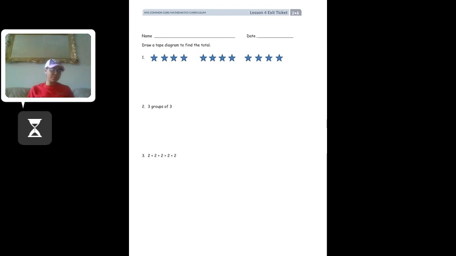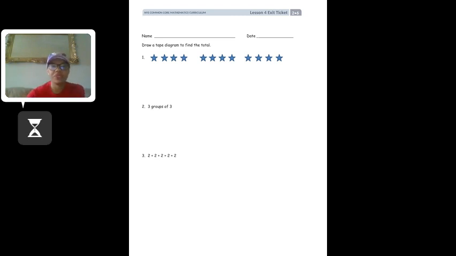So you're going to write 2 plus 2 plus 2 plus 2 plus 2 on your paper, kind of like this. That's just a scratch out. So 2 plus 2 plus 2 plus 2 plus 2 equals, and then you're going to try to draw a tape diagram to represent this repeated addition equation.